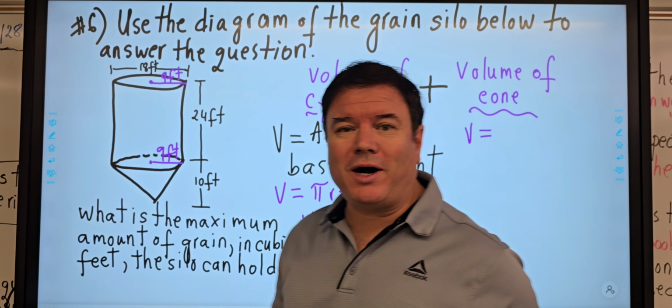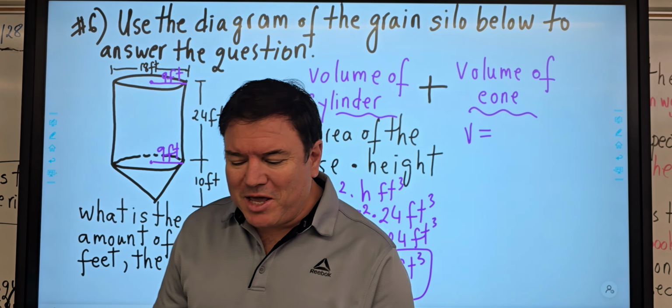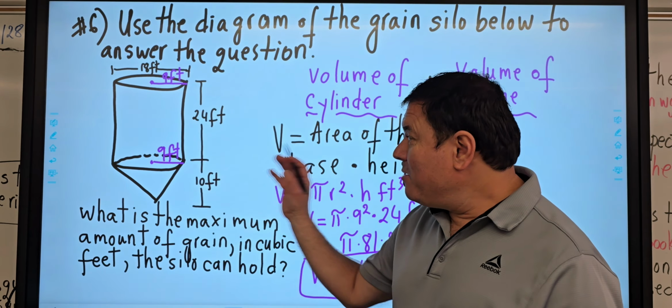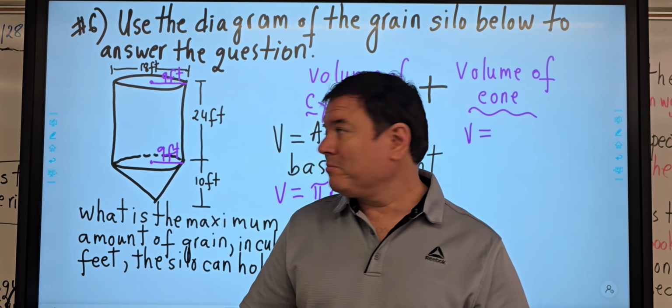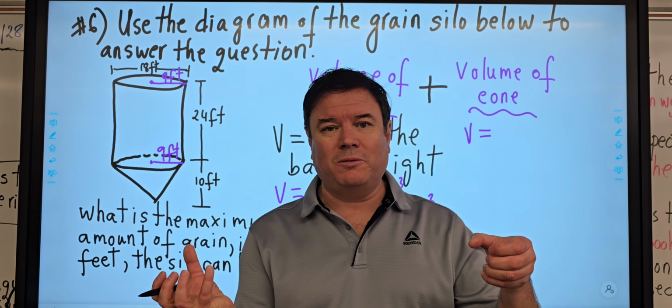In order for us to find the volume of the cone, there's a formula for it, but let me explain to you a practical example here. Imagine that in this end I have the cylinder, and in this end I have a cone.